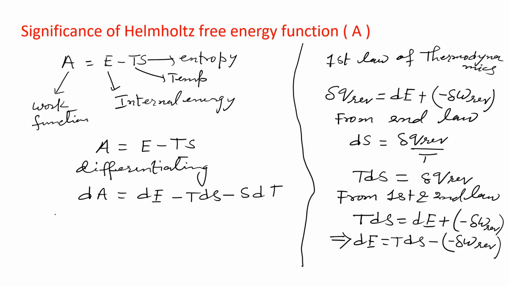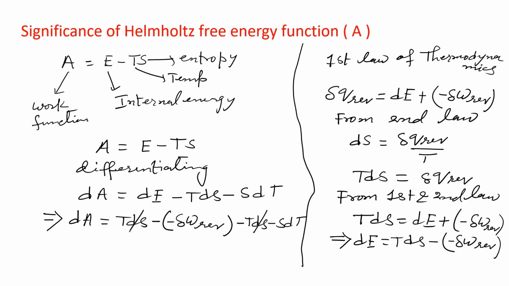Now, coming to this equation, dA is equal to, in place of dE, I can write TdS minus this reversible work done by the system, then minus TdS minus SdT. Look at here, TdS and TdS are getting cancelled.